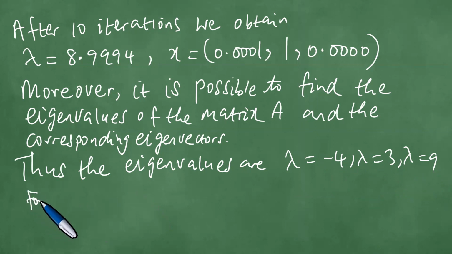For example, for lambda equals 9, the eigenvector is.